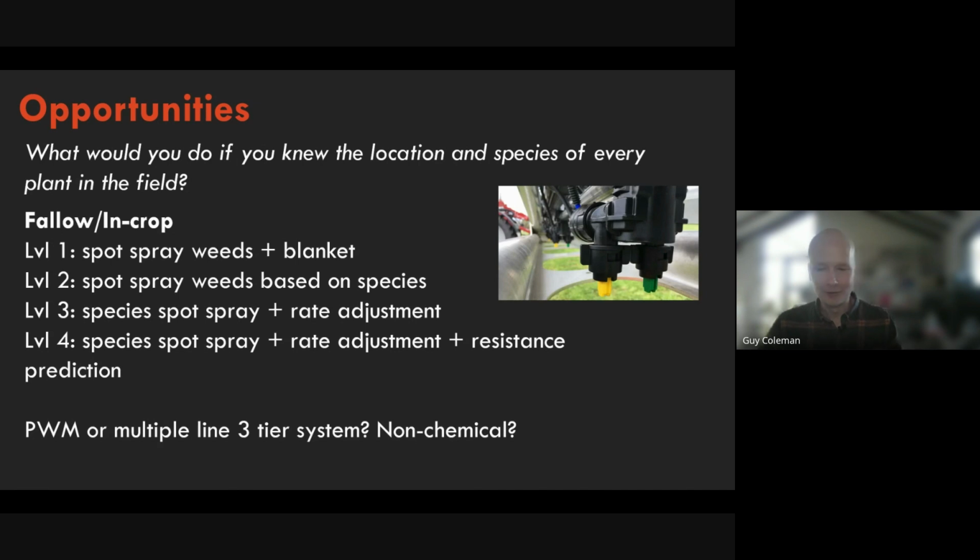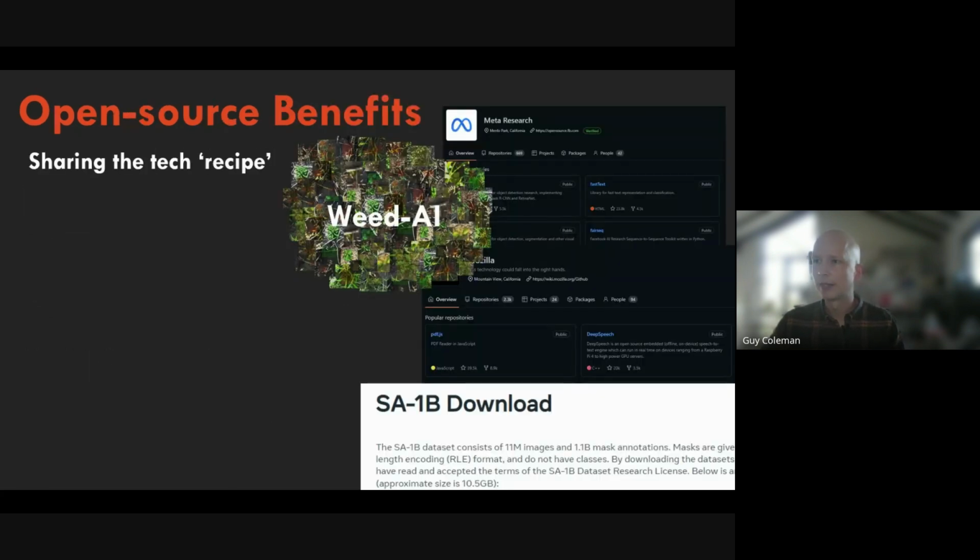So you move away from simply detecting weeds and site-specific weed control to being almost like plant-wise weed management, where you make decisions on the fly in real time about every plant the camera is seeing. And then perhaps at the very end, this fourth level that I see is where you have species spot spray plus rate plus resistance prediction, maybe if you've been there before and the plant is still around. And then you have multiple options about different lines and all that sort of thing. But then we get to open source benefits.